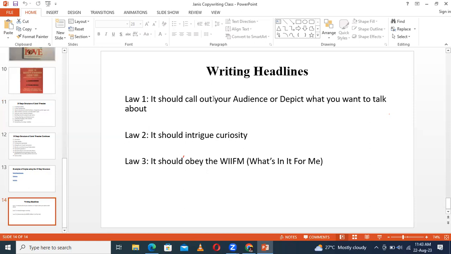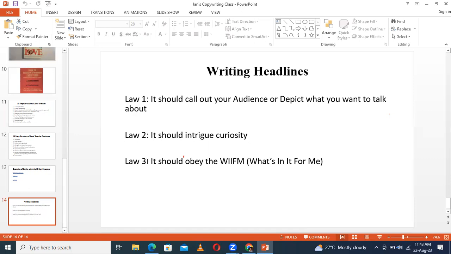So when you want to write your headline, you need to obey 3 laws. The first law is your headline should call out your audience or depict what it is you want to talk about. Law 2 is your headline should intrigue curiosity in your audience.